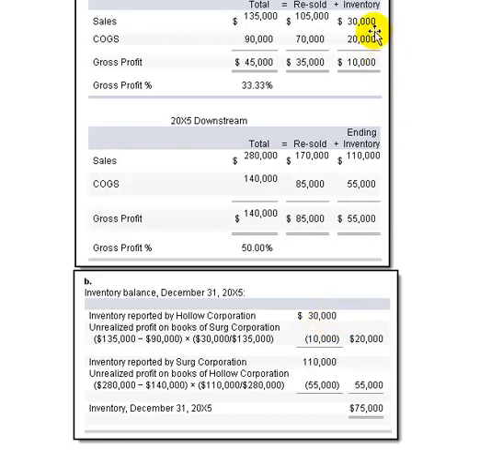That's our $30,000 here. The unrealized profit that Surge had on its books was the $135 less the $90 times $30,000 divided by 135. So in other words, we take the margin times the portion of the sale, the $30,000, to compute the $10,000. Right? That's the same 10 you see here.